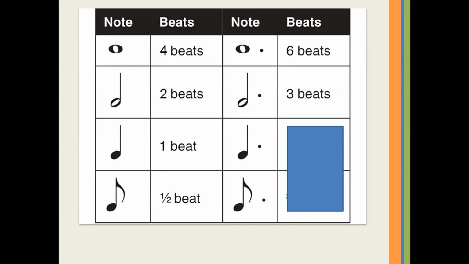That's an 8th note, yes. How many beats does a dotted 8th note have? That's this one here. Who knows? Who can give us the answer?